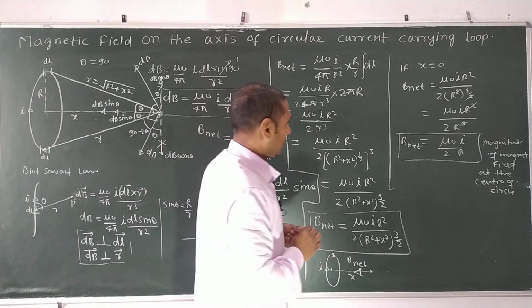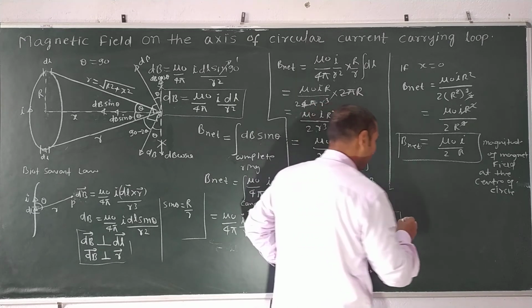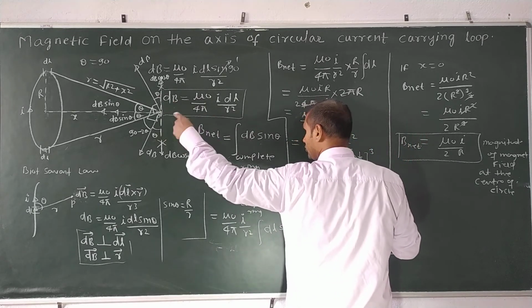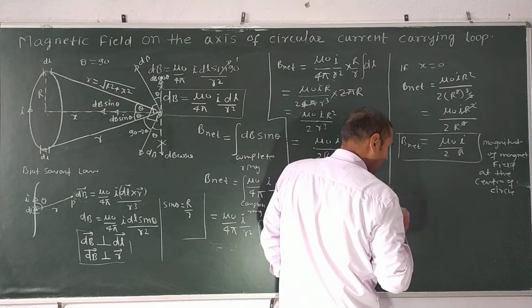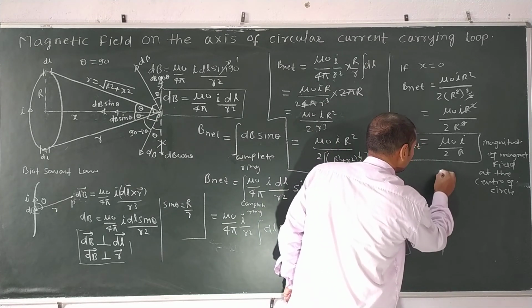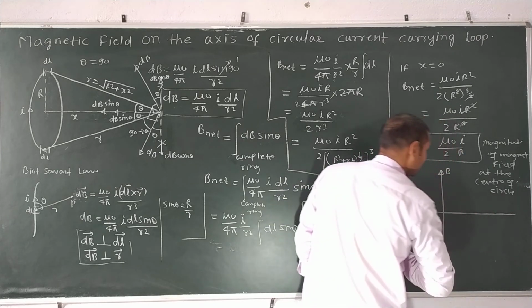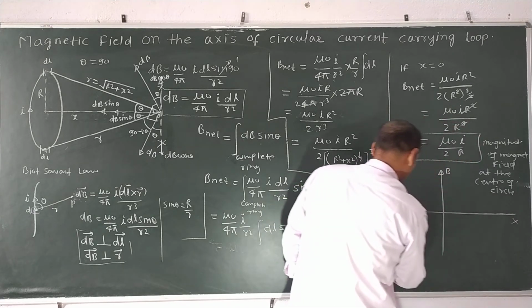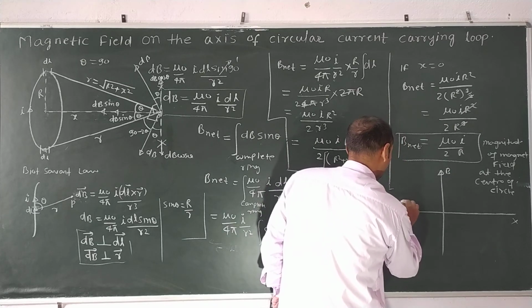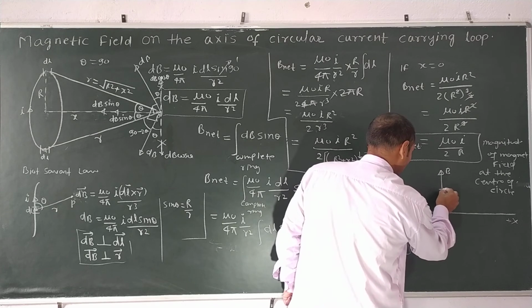So if someone asks you to draw the graph of the magnetic field due to this ring, let us see. Suppose this is the magnetic field axis and this is the x axis. Suppose this is minus x and this is plus x.